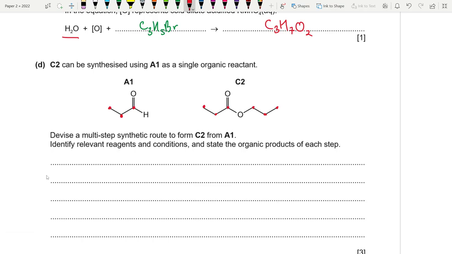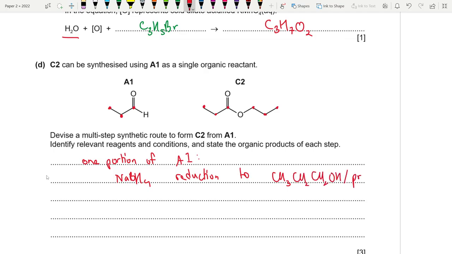All right, so let's do this. For one portion of A1, what are we going to do? We are going to reduce it using NaBH4 or LiAlH4, either works. Reduction to propan-1-ol, which is CH3CH2CH2OH. Fine.